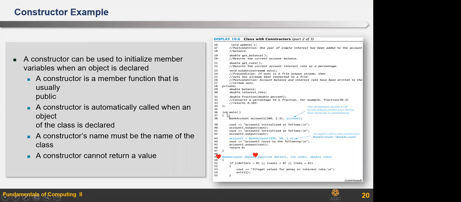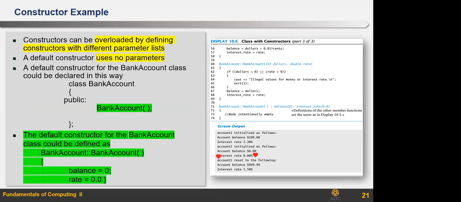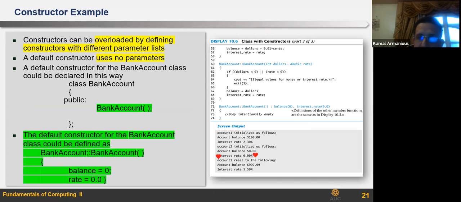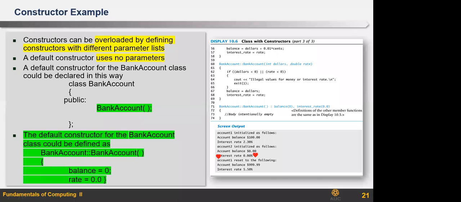Yes, it checks if the dollars are less than 0, or if the cents are less than 0, or the rate is less than 0, then it says something illegal and exits the program. Then it makes the balance equal to dollars plus 0.01 multiplied by cents, and it makes the interest rate equal the rate.